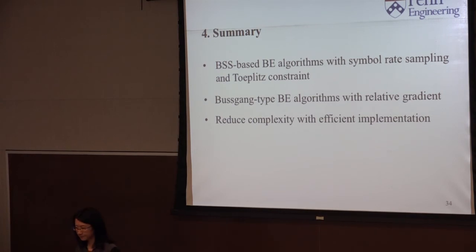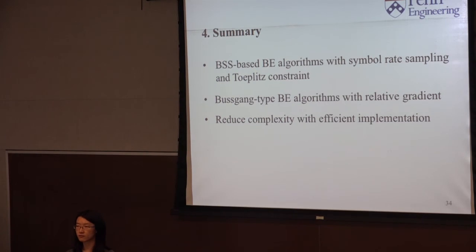Actually, here's the problem. Because at first, you have no information about the channel, right? You have no information about channel state. So a safe way is to use a comparatively long equalizer so that you could at least guarantee that the performance is much better than using a short equalizer, right?